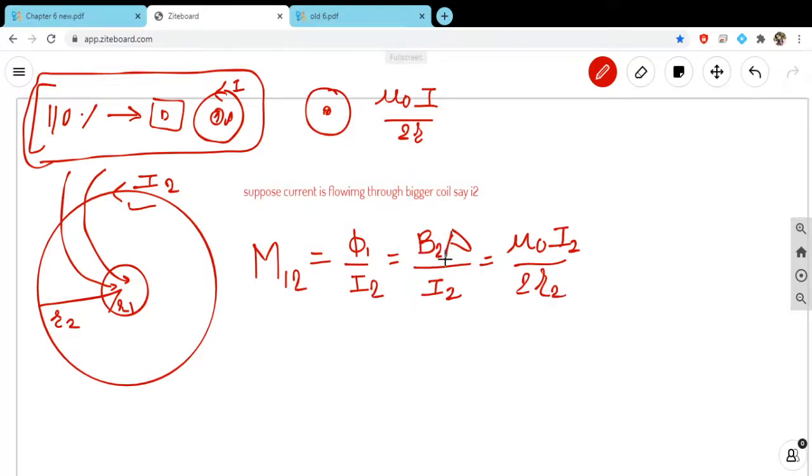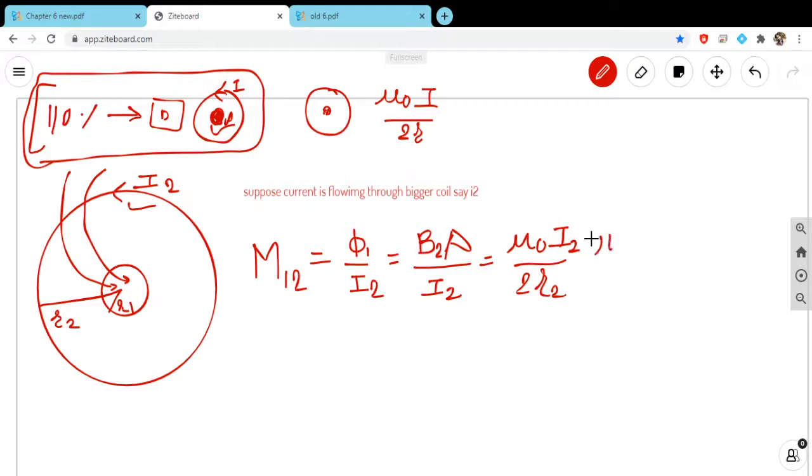Now what about the area? That flux is connected to the smaller coil, so the area is that of the smaller coil. Always the area will be from the smaller coil. Here I explained that the area is always from the smaller coil because this is the mutual area.